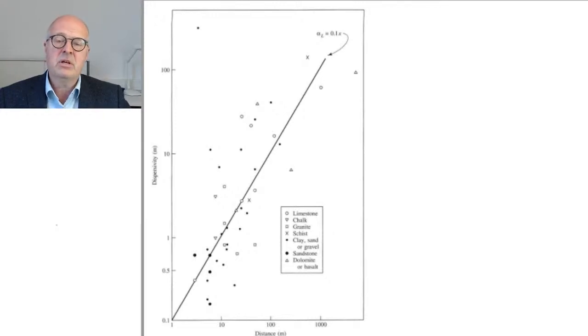Now, going back to the equation, you then just need the average flow velocity, and you can calculate your dispersion coefficient.